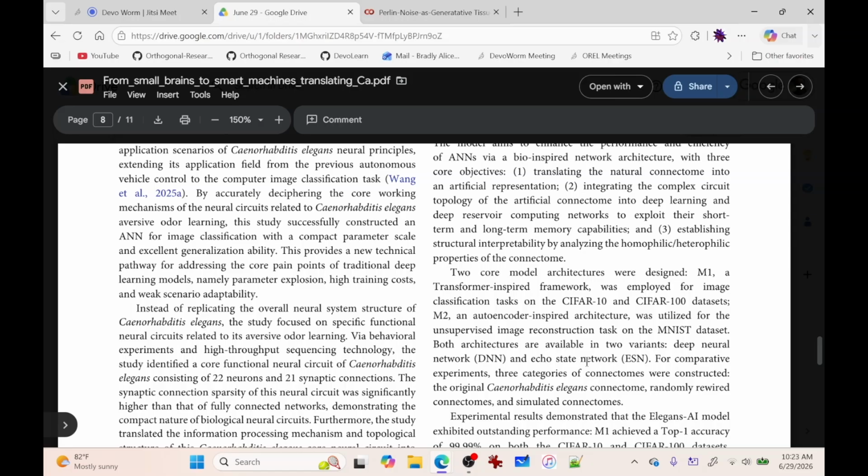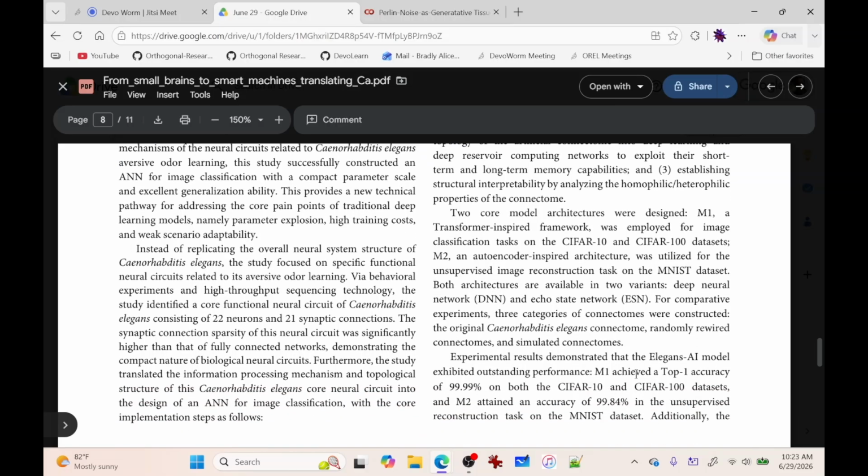There's M1, which is based on transformers, and then M2, which is an autoencoder-inspired architecture utilized for the unsupervised image reconstruction task on the MNIST dataset. The first, M1, this transformer-inspired framework, used CIFAR-10 as the benchmark, and M2 used MNIST as the benchmark.